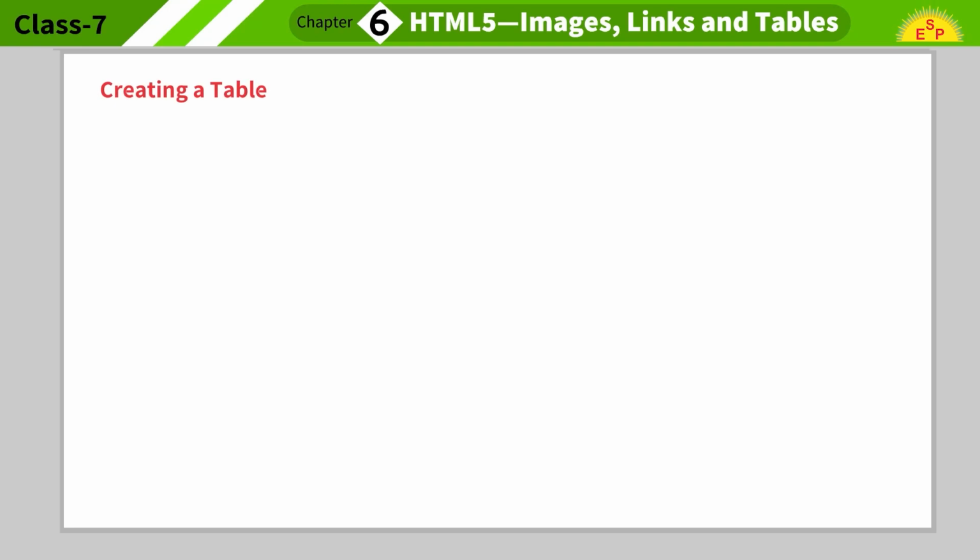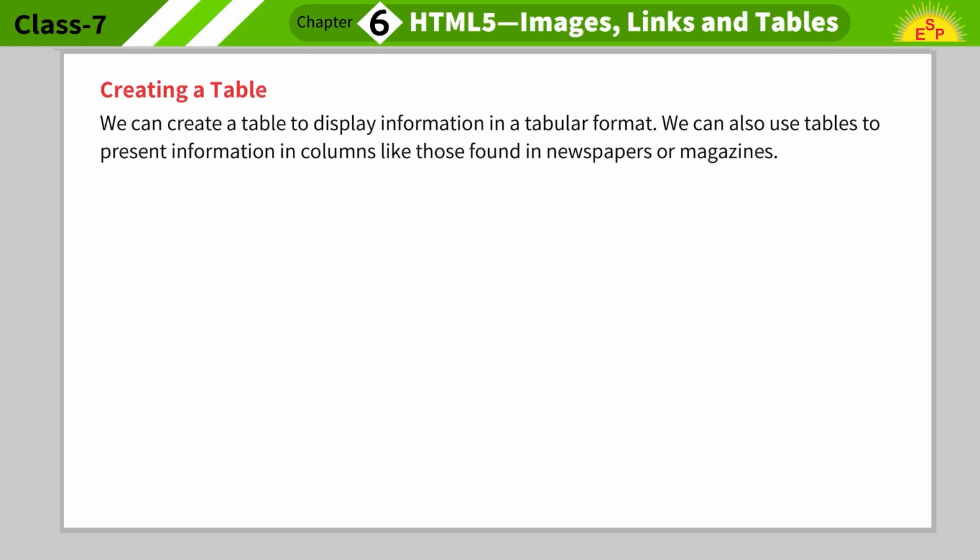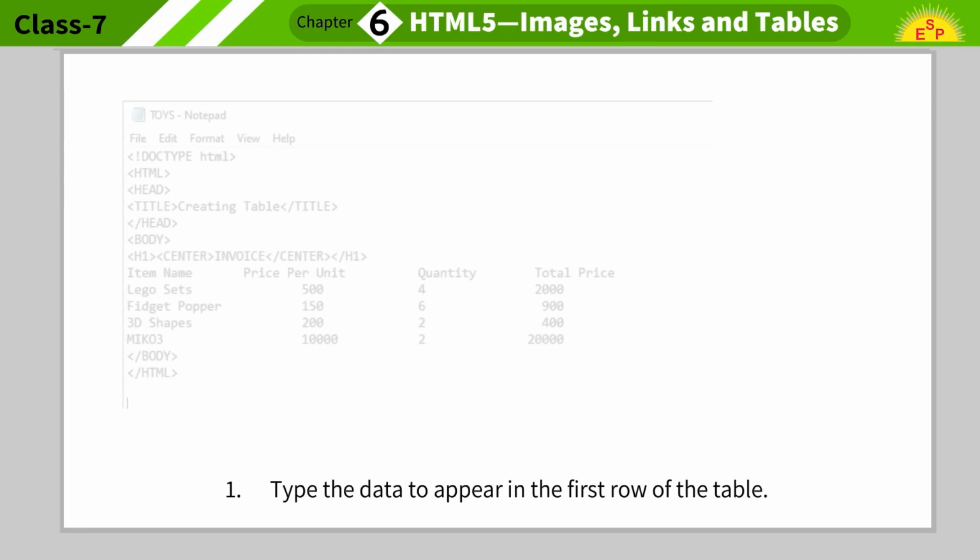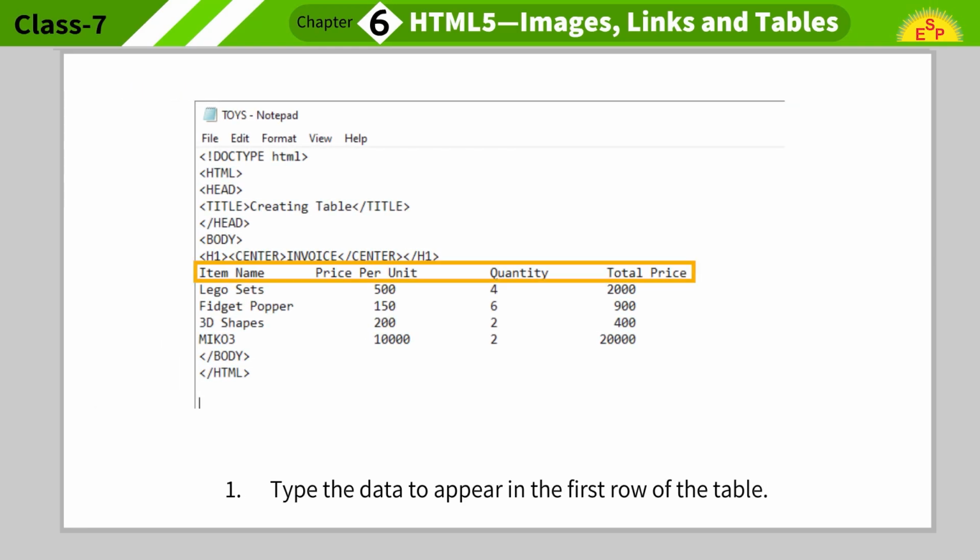Creating a table. We can create a table to display information in a tabular format. We can also use tables to present information in columns like those found in newspapers or magazines. Follow the steps to create a table. Step 1. Type the data to appear in the first row of the table.